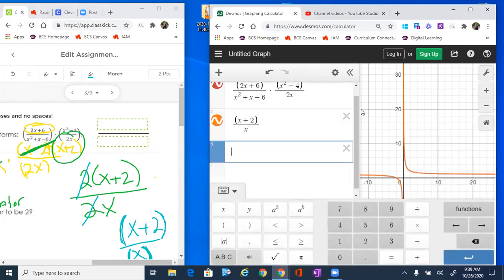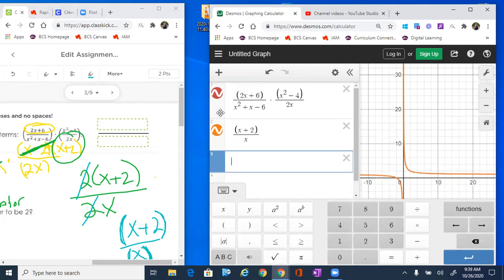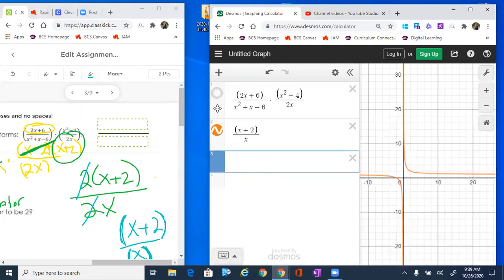If they are exactly the same, they are equivalent to each other, so their answers are exactly the same. So watch what happens. I put the red one on, they're equivalent to each other, so their graphs are going to be the same. And I click on it, boom, bada bing, it changes to an orange color. They are exactly the same graph. That is how you multiply rational expressions and check it on Desmos to make sure you did it correctly.